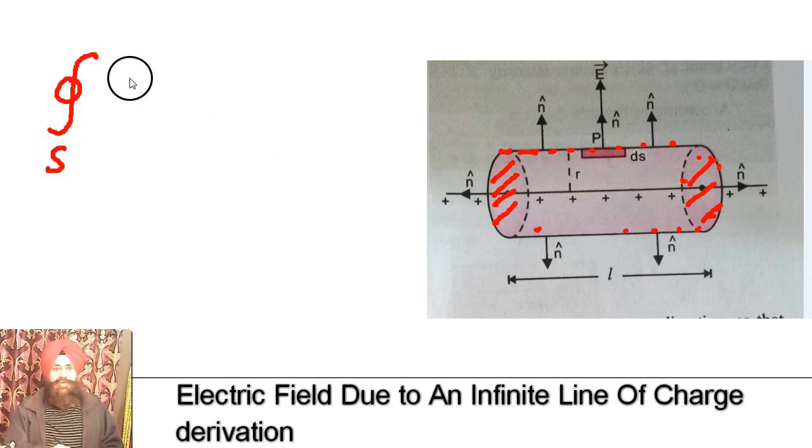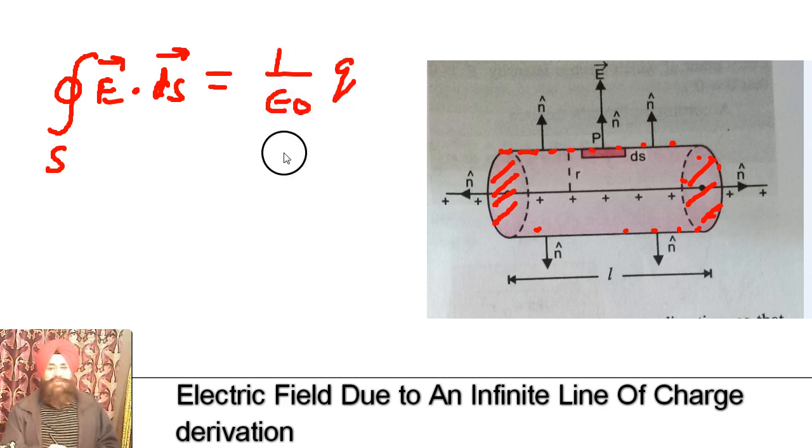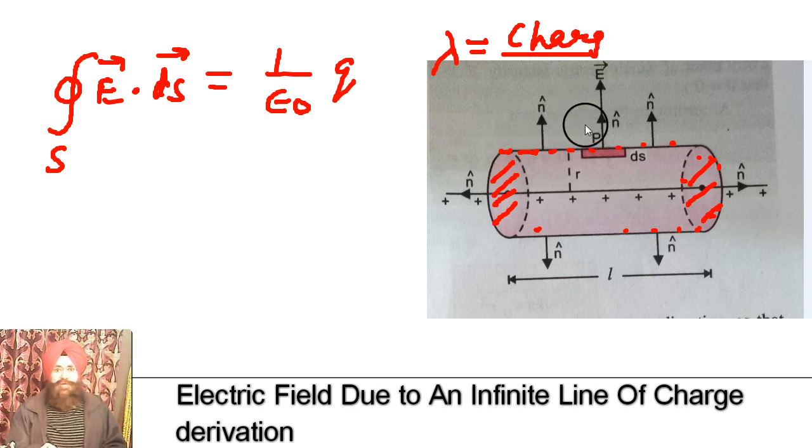Gauss theorem, closed integral of E dot ds is equal to 1 over epsilon naught times the charge enclosed. I already defined lambda. Lambda is charge upon length.